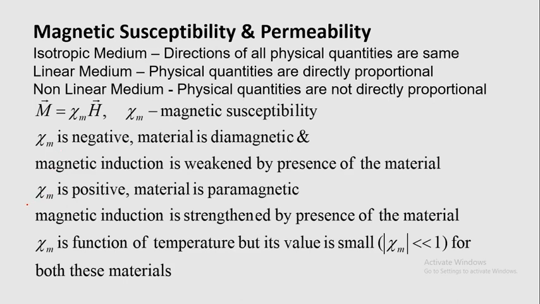So B will increase non-linearly, and afterwards it will remain constant. B remaining constant means the magnetic field remains constant. That means the magnetization does not increase. If you keep this material inside the external field, then at a certain value of the external current, at a certain value of H, the magnetization does not increase further.